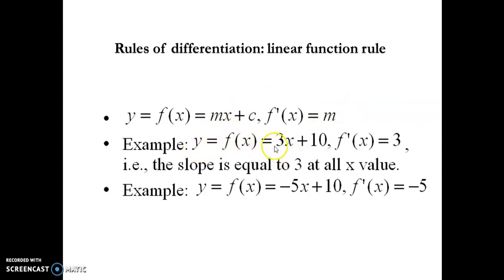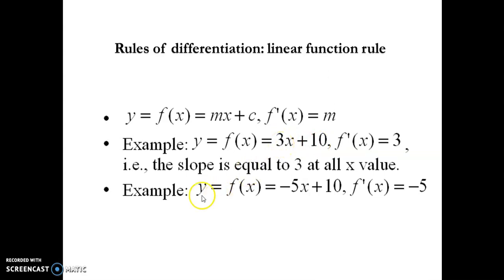Y is a function of x and it's equal to 3x plus 10. Thus, f dash of x is equal to 3. 3, you can see, is the coefficient of x. Thus, the slope is equal to 3 at all x values. And again, if you were to graphically illustrate y is equal to 3x plus 10, you would have an intercept of 10 and your slope would be equal to 3 for all x values.